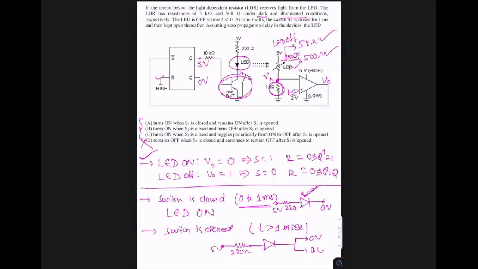So in this case, let me assume the LED is off. When I say the LED is off, the situation is S equal to 0 and R equal to 0. If I assume the LED is off, the LDR resistance will be 5 kilo ohms, and consequently we get the input S R, that is basically 0, 0. Okay.